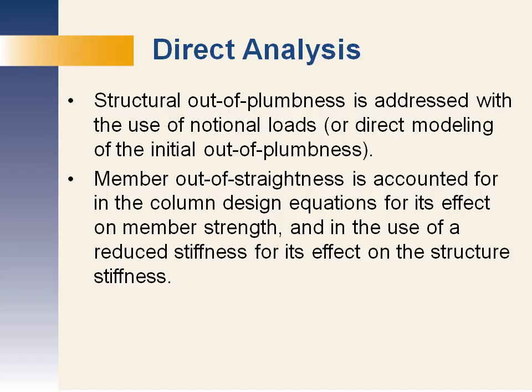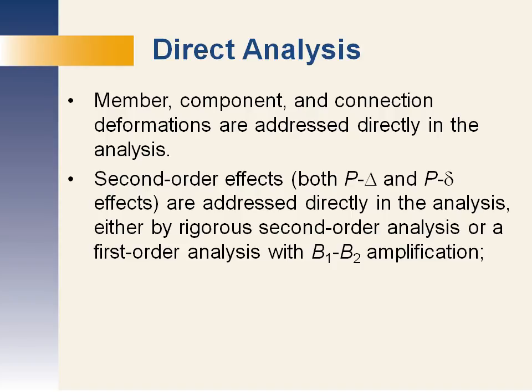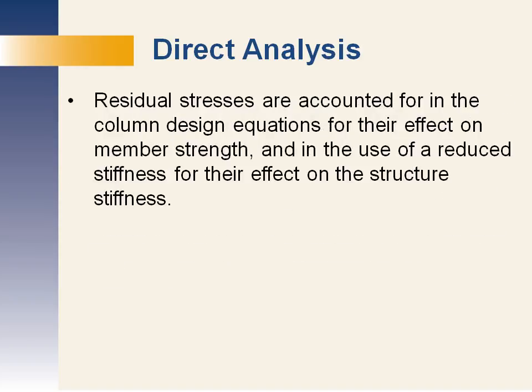And member out-of-straightness is accounted for in the column design equations for its effect on member strength and in the use of the reduced stiffness for its effect on the structure stiffness. Finally, residual stresses are accounted for in the column design equations for their effect on member strength and in the use of a reduced stiffness for their effect on the structure stiffness.